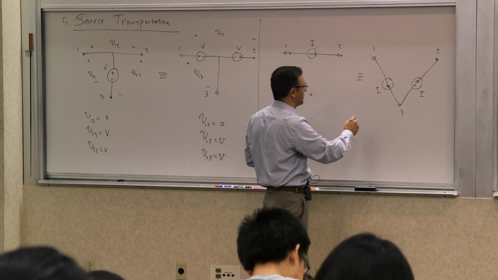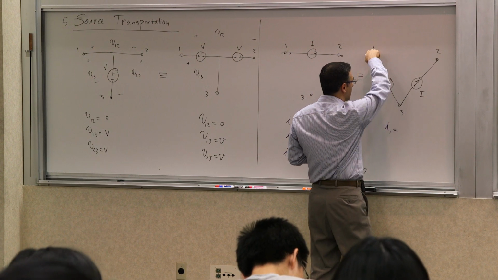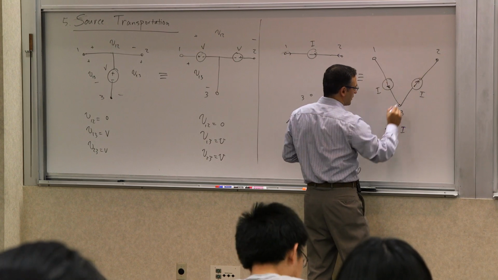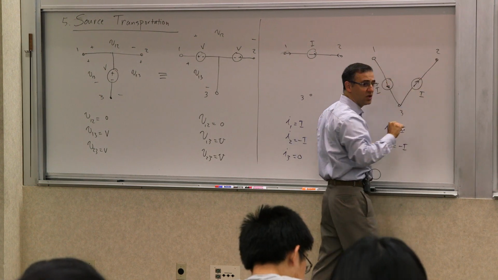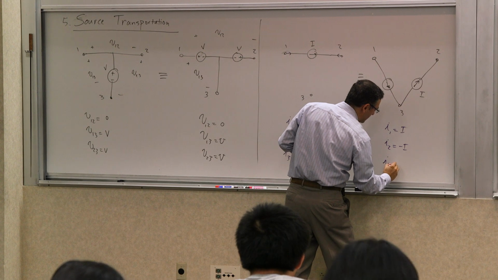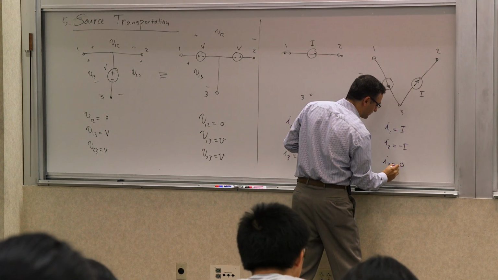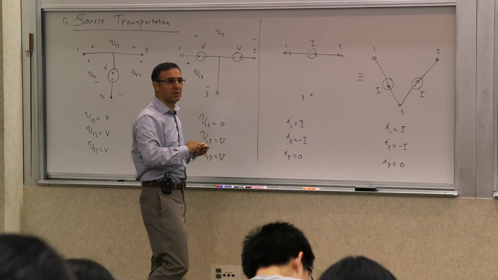So how about here? The total current that leaves node 1 is capital I. The total current that leaves node 2 is negative capital I, because capital I is injected into node 2. And the total current that leaves node 3 is the algebraic sum of these 2, which is 0. So these 2 are equivalent.